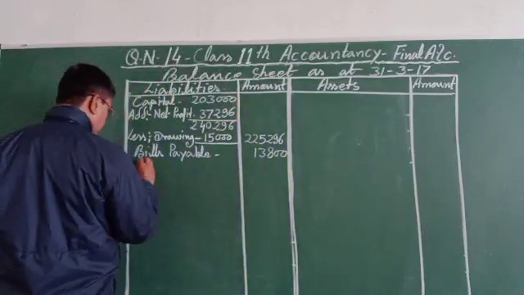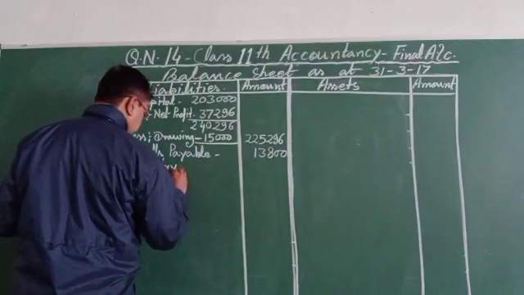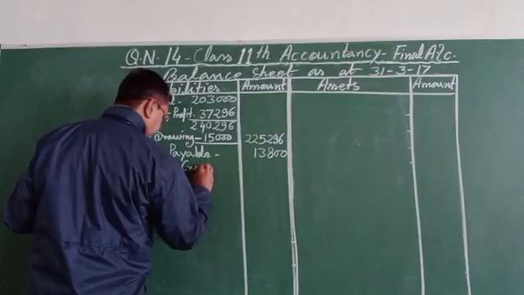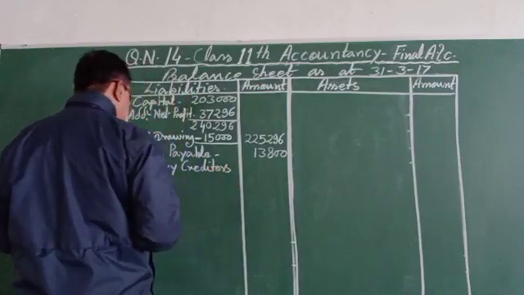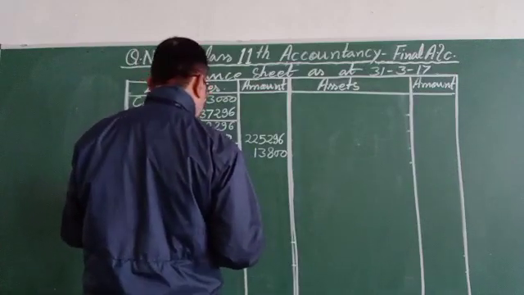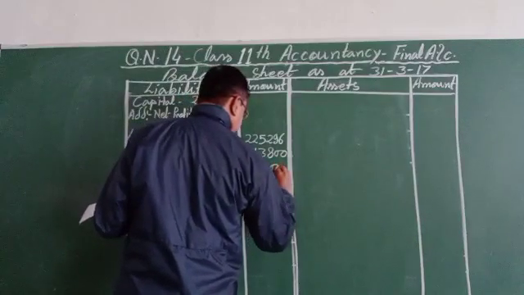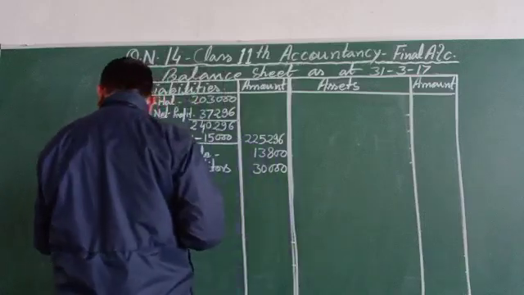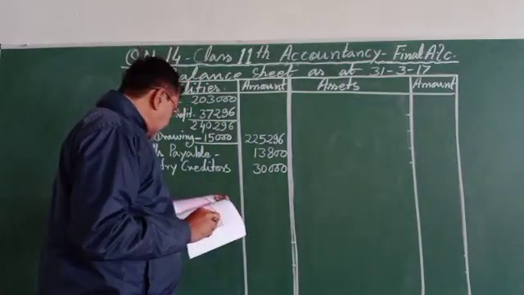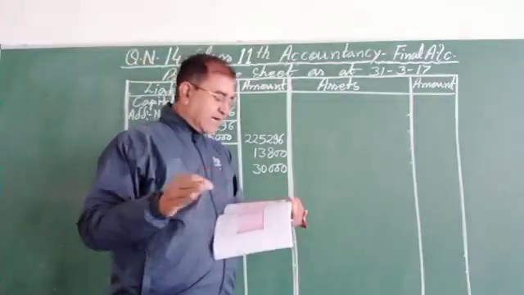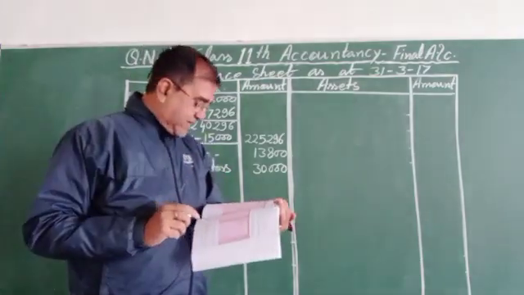Sundry creditors 30,000. This way the liabilities column is filled, and after that go through the additional information given.